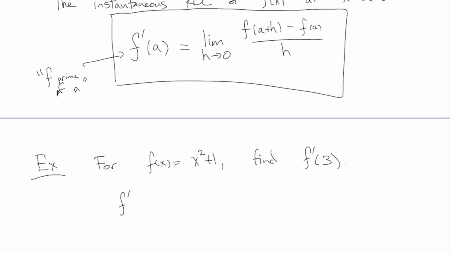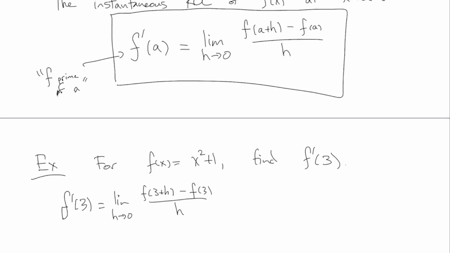F prime of 3 is the limit as h goes to 0 of f of 3 plus h minus f of 3, divided by h, all right?